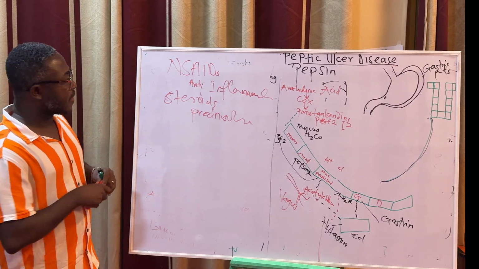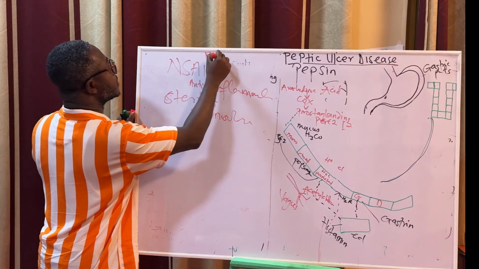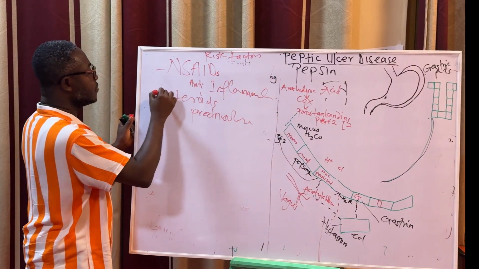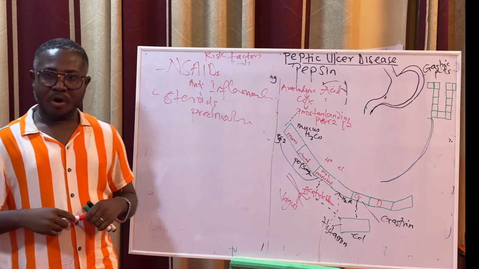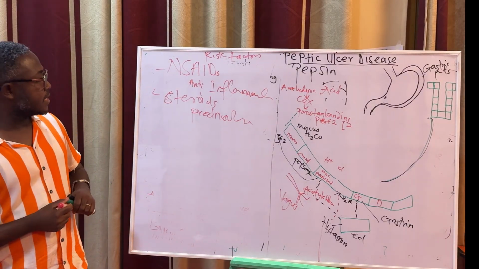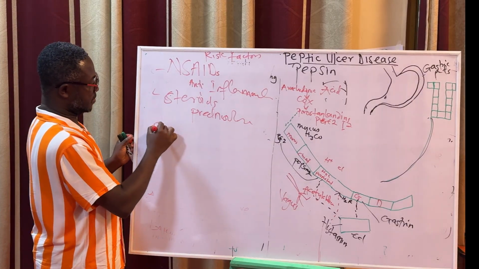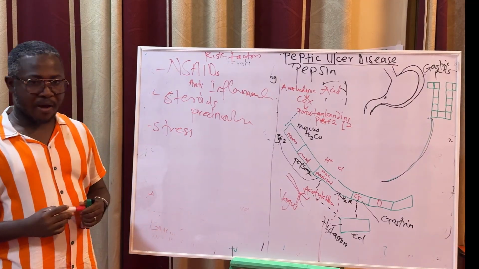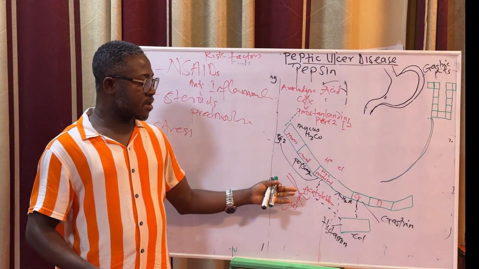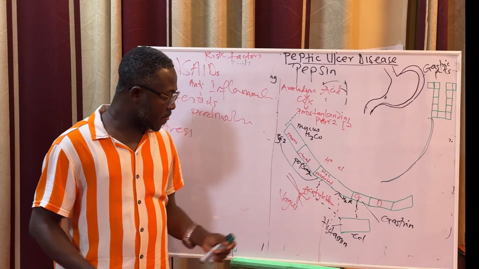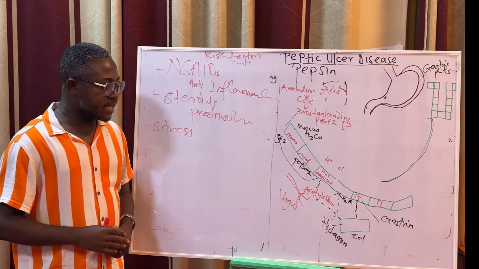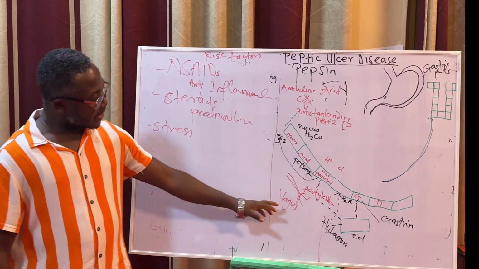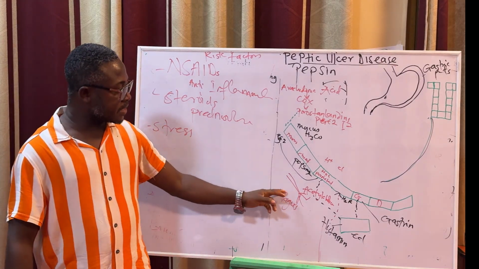Now, another risk factor, we are talking about risk factors. Another risk factor to ulcer disease is stress. Now, how does stress cause peptic ulcer disease? And so we just learned that when we are being stressed up, the vagus nerves are going to be stimulated.